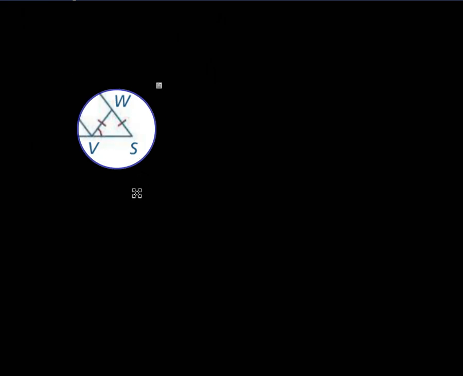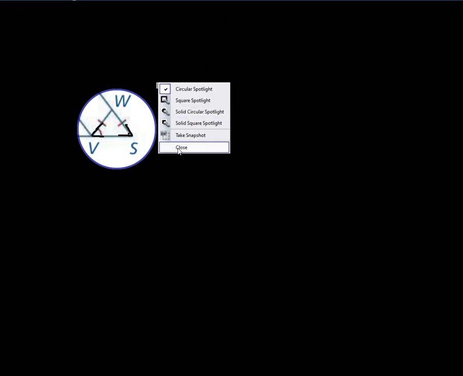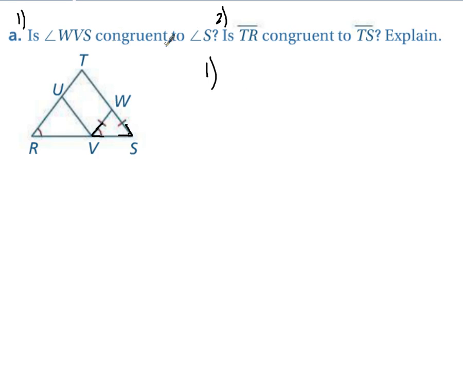I want to know, is this angle right here congruent to this angle right there? Looking at my little triangle, WVS, I notice that VW and SW are congruent. So by the isosceles triangle theorem, if two sides of a triangle are congruent, then the angles opposite those sides are also congruent.